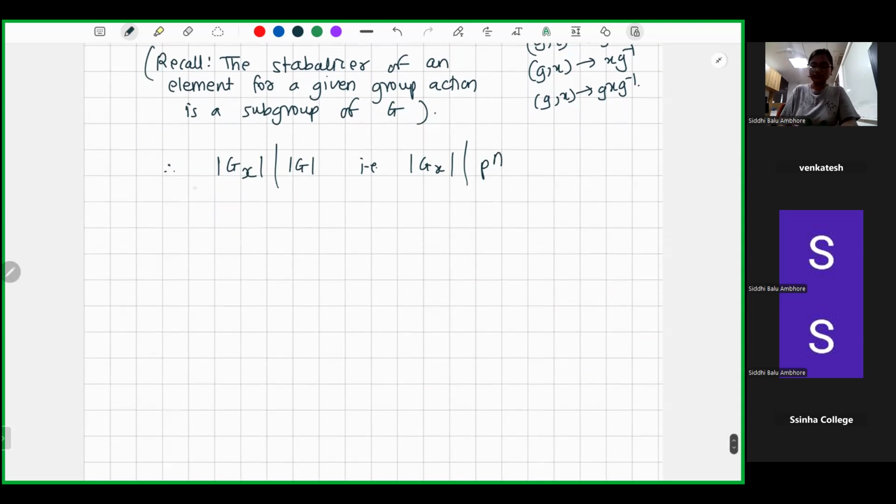So G_x will again have some order p power k, where this k is strictly less than n.